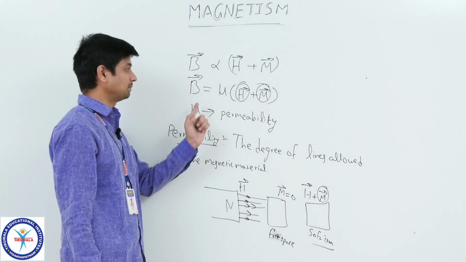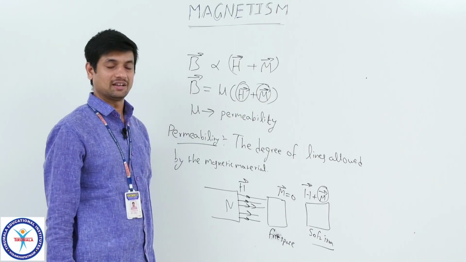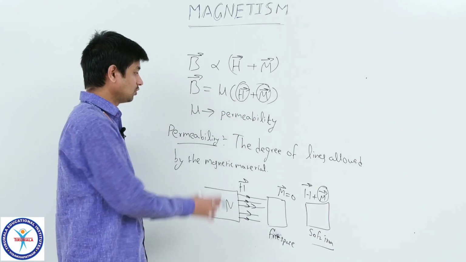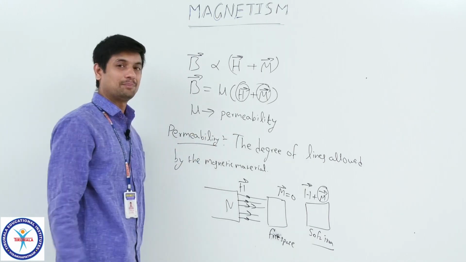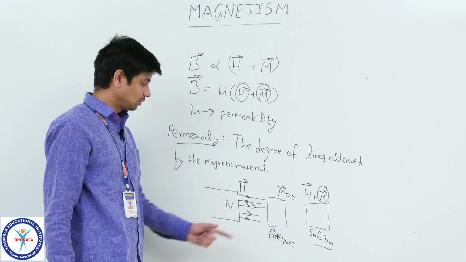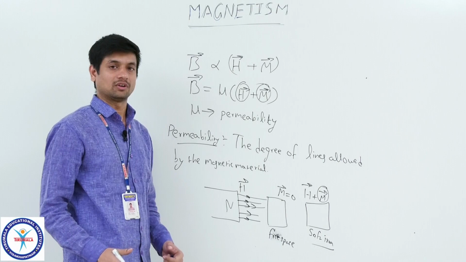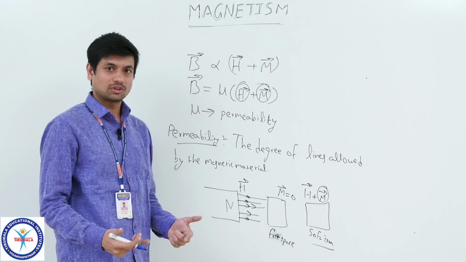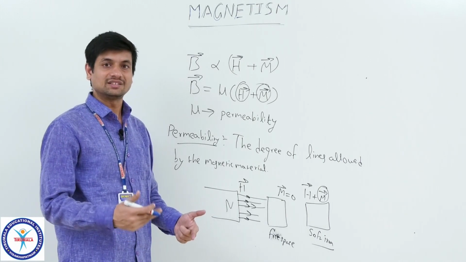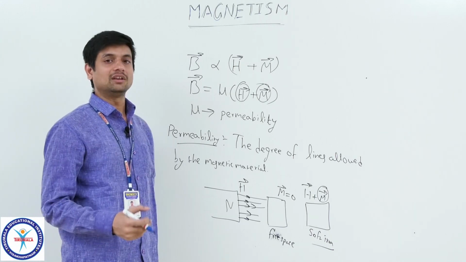That's why I have written B equal to mu into H bar plus M bar. So this mu tells you permeability, how much you can allow the passage of lines through that magnetic material. More number of lines are passing through that one, again it will generate inside the magnetic field, so that ultimate effect will be more.